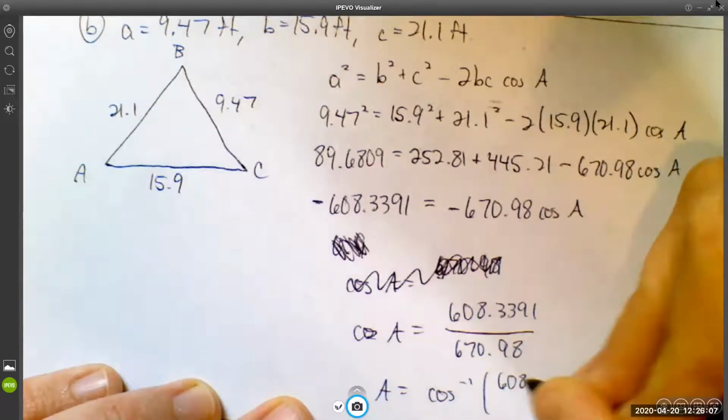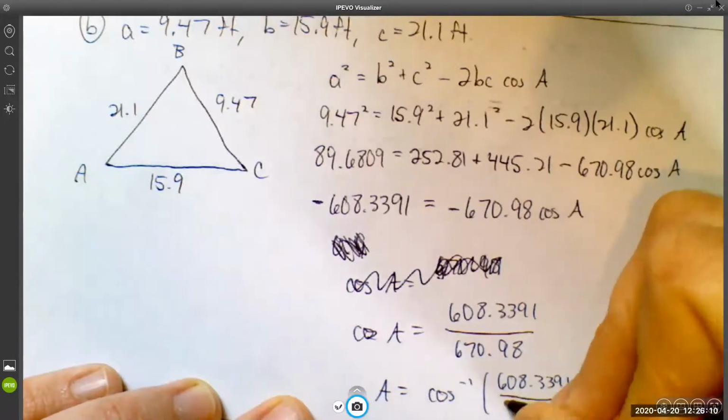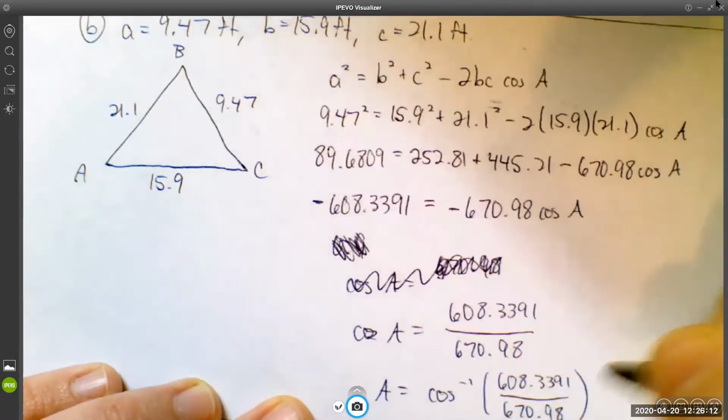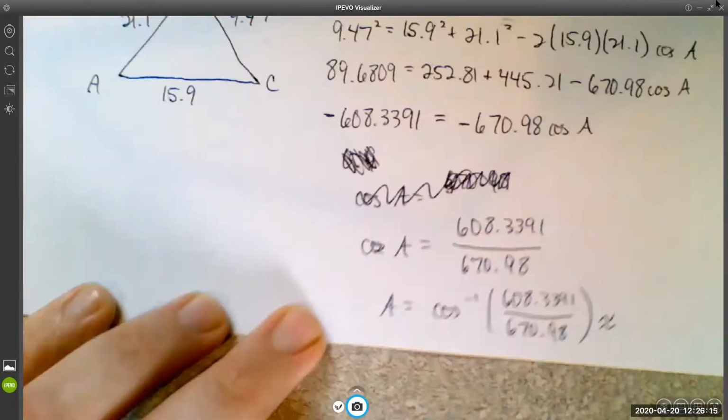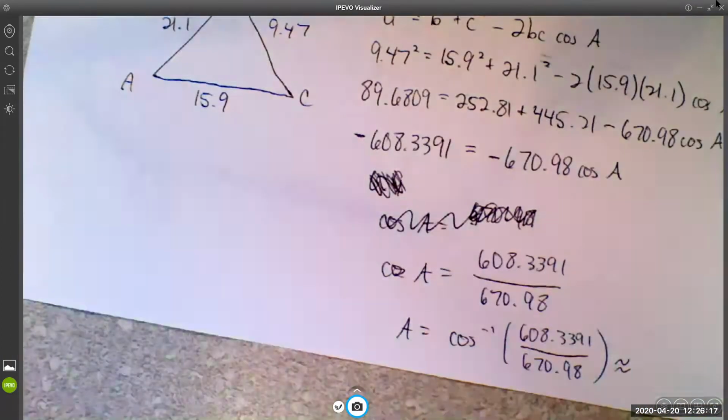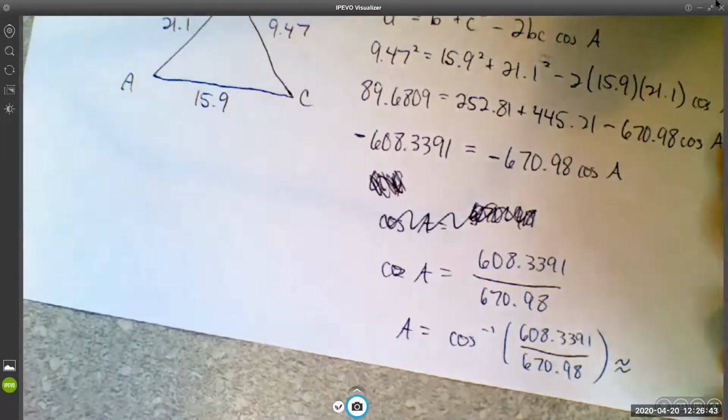That's what I'm going to punch into my calculator so I don't have any rounding errors. And to 3 sig figs, that's 25.0 degrees.